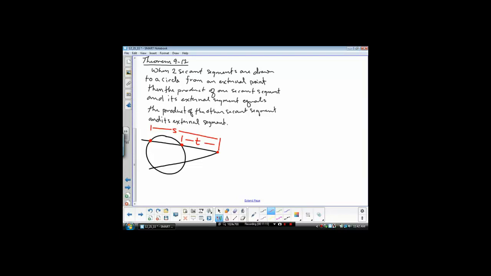Now, talking then about the other secant, we're talking about the whole secant as being the distance between these 2 points. We'll call that U. And then the external segment of that secant would be the distance between those 2 points. We'll call that W.